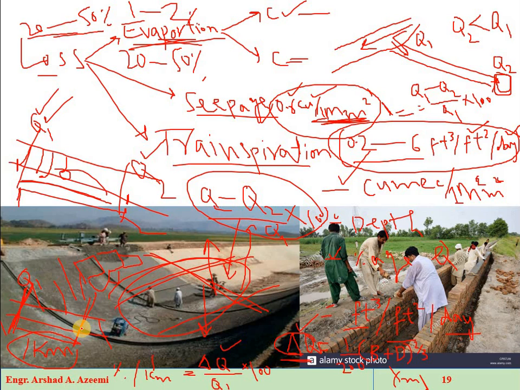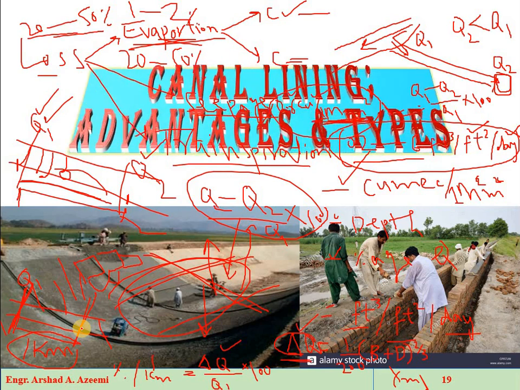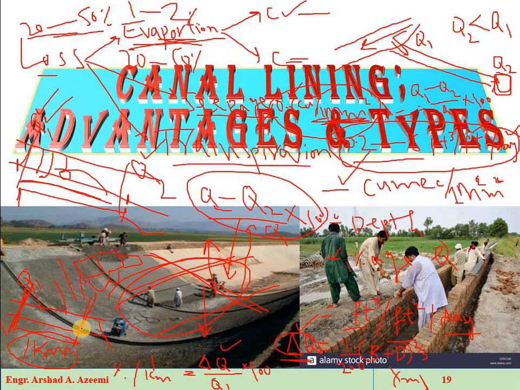Even if you design a very effective and efficient canal structure, there will be some evaporation losses, seepage losses or transpiration losses. So now this is the most important question: should a canal be lined or not? What will be the benefits if you line an irrigation canal?